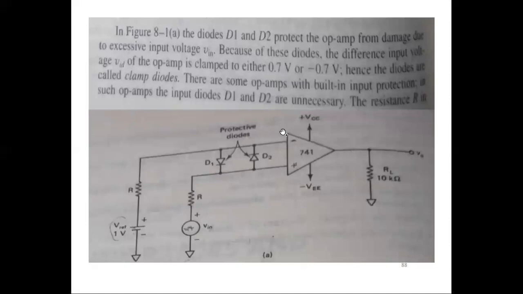That is only because we have not connected any feedback resistor or anything at all in this circuit. So with no feedback resistor, the amplification is very high. Even a very small voltage will be amplified by the open loop gain, and we will reach saturation, either positive or negative.